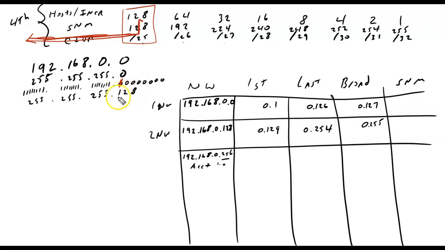Subnet mask, well, the subnet mask is 128 in the 4th octet. Also /25. We could call it either one: /25, or we could call it 255.255.255.128. And there we have it.